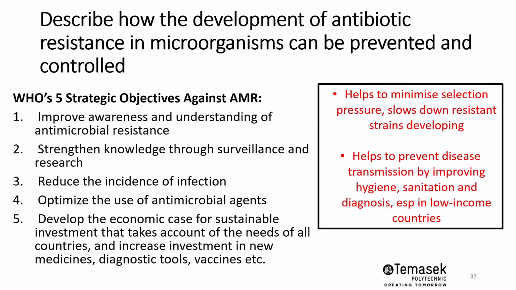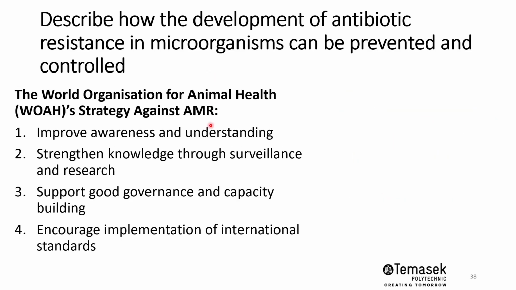Similar to WHO, the World Organization for Animal Health also has a strategy against AMR. Their objectives are improving awareness and understanding of AMR, strengthening knowledge through surveillance and research, supporting good governance and capacity building, as well as encouraging implementation of international standards.